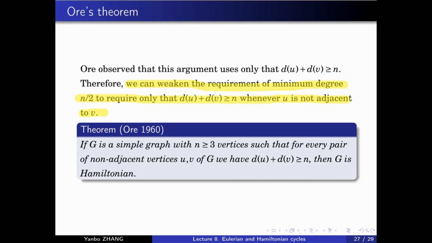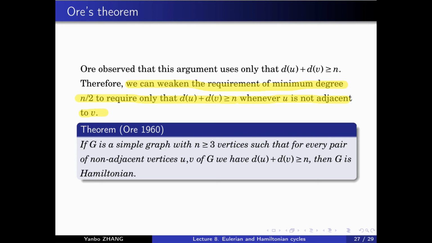This is Ore's theorem. If G is a simple graph with n greater than or equal to 3 vertices, such that for every pair of non-adjacent vertices u, v of G, we have du plus dv greater than or equal to n, then G is Hamiltonian.